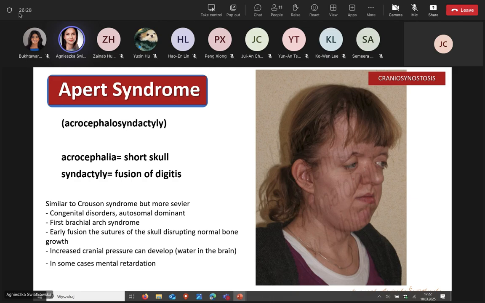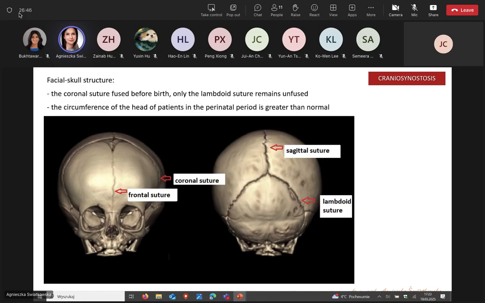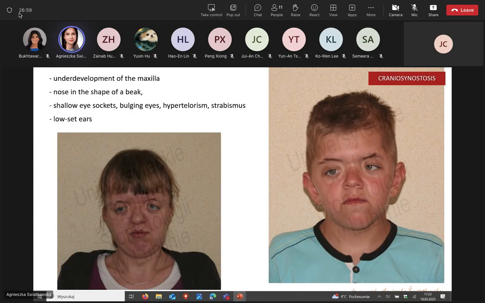What is the difference between Apert syndrome and Crouzon syndrome? Apert syndrome is more severe, and characteristic for this syndrome is syndactyly. Syndactyly means that the patient has a fusion of digits. Facial skull structure: the coronal sutures fused before birth, only the lambdoid suture remains unfused. The circumference of the head of the patient in the perinatal period is greater than normal.